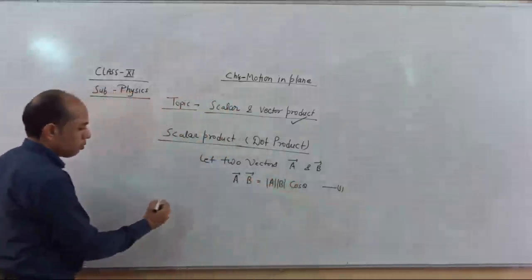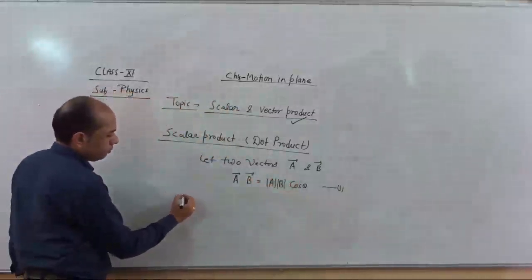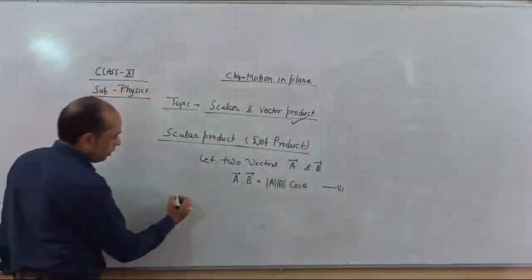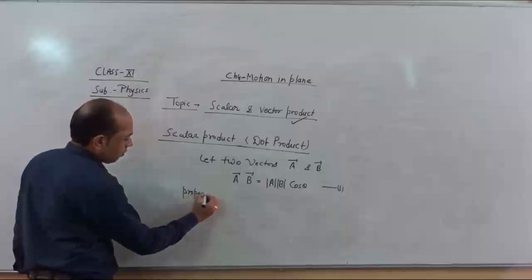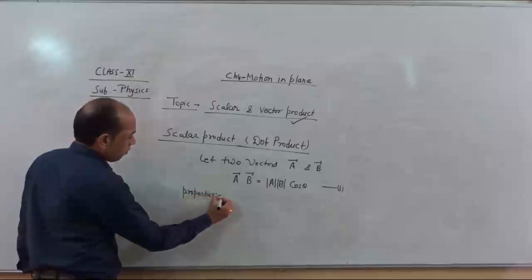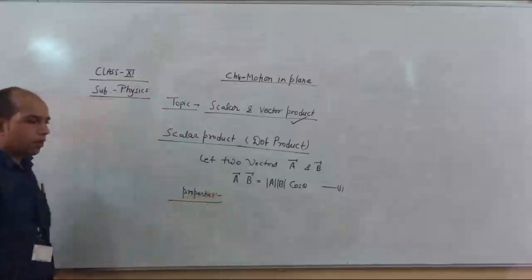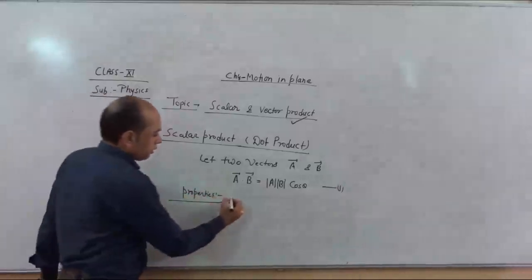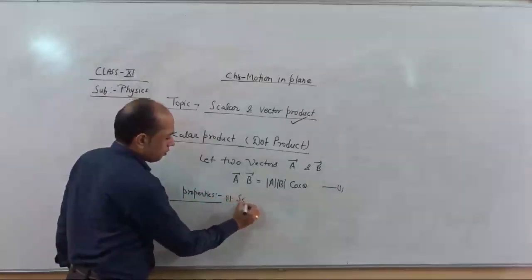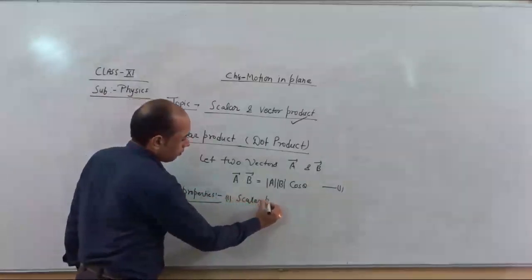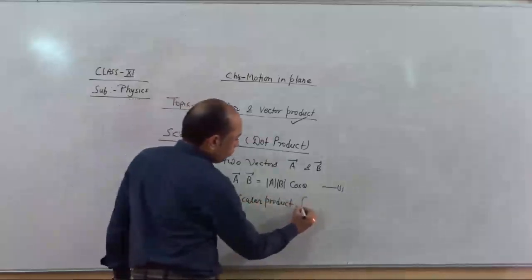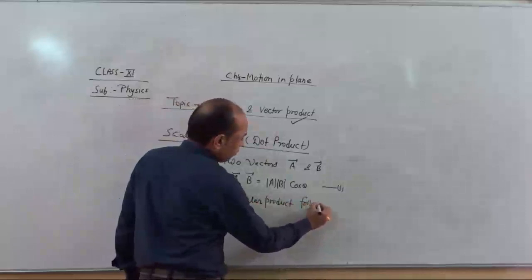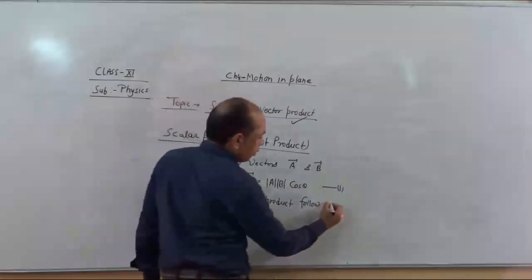Now we will see some properties. First, the scalar product follows the commutative property.